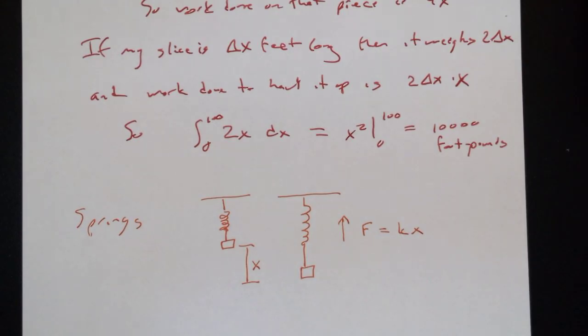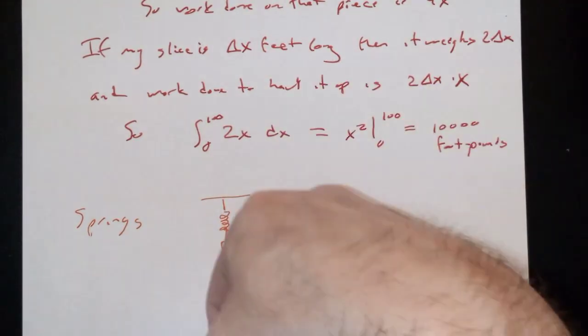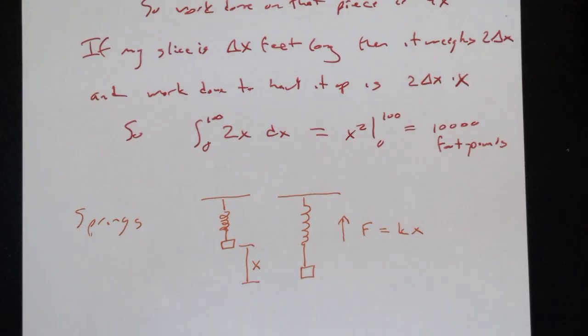On the other hand, if I compress the spring, go from this right picture back to the left picture, it would depend on where the spring is naturally. If it started out here and then moved to here, then the force would be pointed downwards. That's why I just wrote kx. You'll often see that with a minus sign in it. I'll just move the minus into the constant.